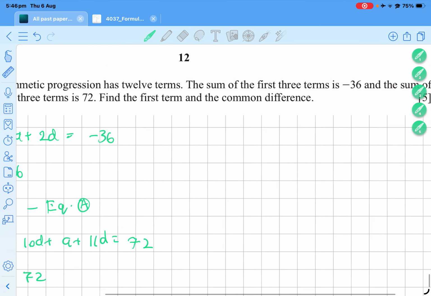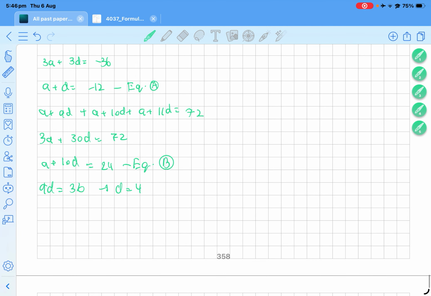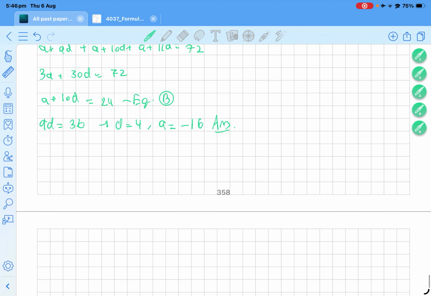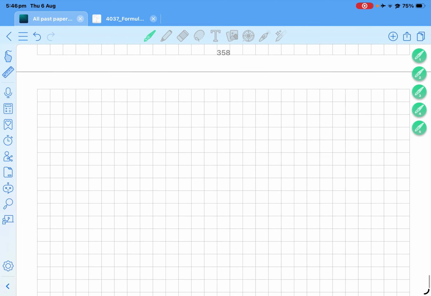And I think they want the first term and the common difference, so a plus 4 equals minus 12, so a equals minus 16. That will be the answer. You can put it into the second equation to check. So does 40 minus 16 equal 24? Yes, it does. So I'll call this one a success as well.